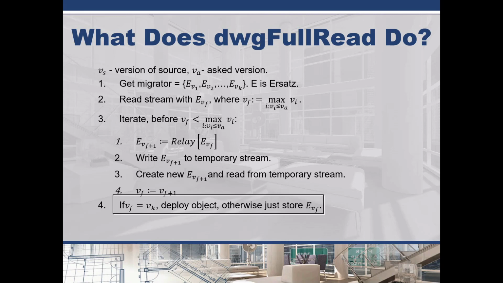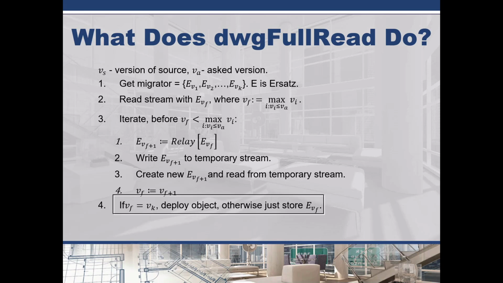Relay basically is responsible only for changes on the current structural level. Therefore, we have to synchronize the whole tree of objects to get a full value ersatz. So it must be written to a temporary stream, and a newly created ersatz must be read from it. Substantially, input-output operations form a recursive bypass of the structured tree with the request to shift the version. Now this ersatz can be relayed again.